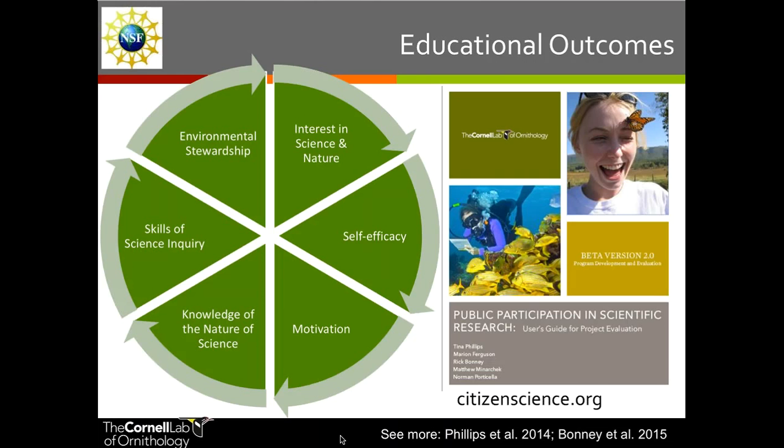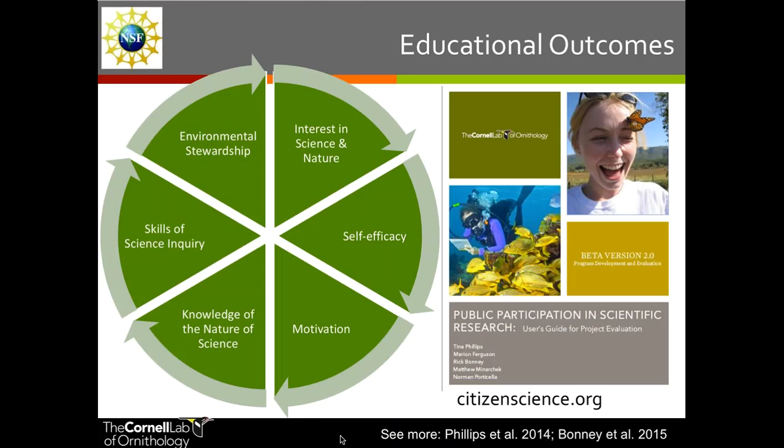And it provides a lot of tips and templates and recommendations for doing quality evaluations. We've also created a whole bunch of survey instruments for measuring things such as interest in science and nature, self-efficacy, motivation, skills of science inquiry, and environmental stewardship.